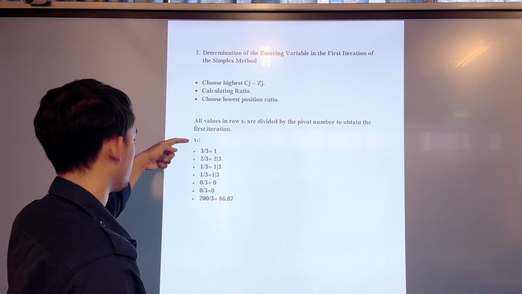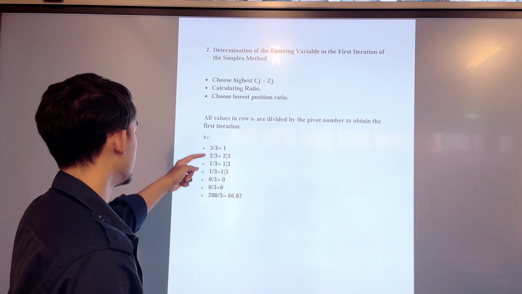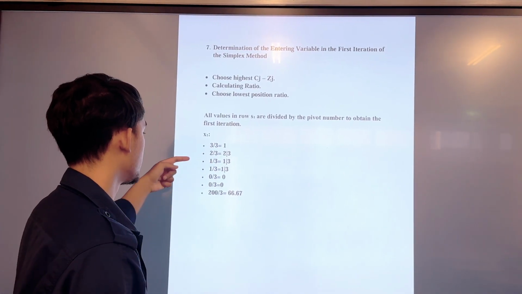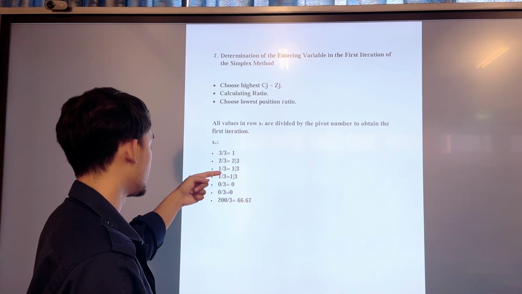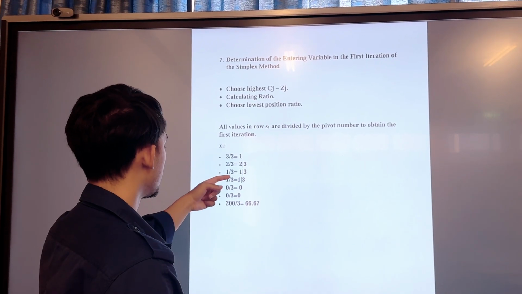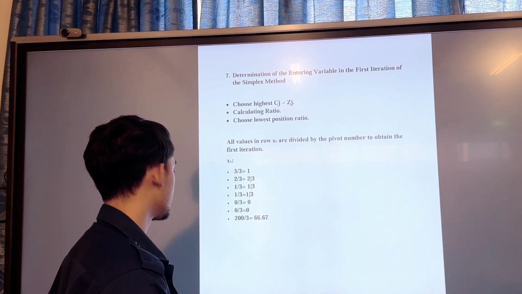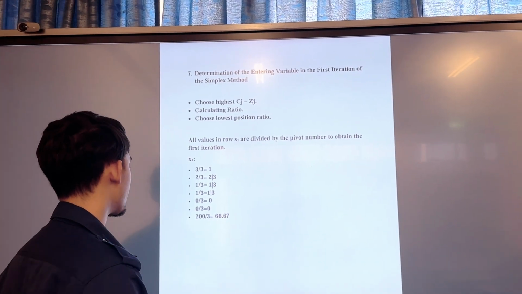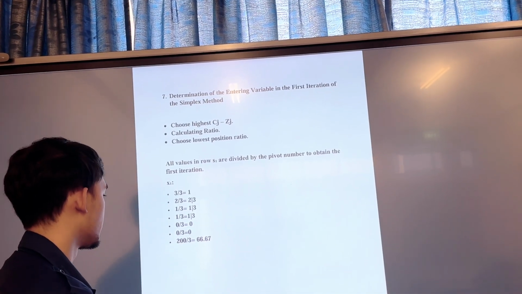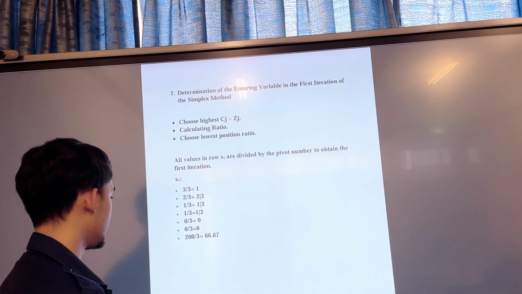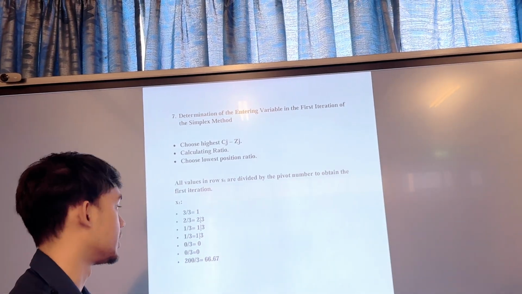This is the pivot row for S1. 3 divided by 3 equals 1, 2 divided by 3 equals 2 per 3, 1 divided by 3 equals 1 per 3, 1 divided by 3 equals 1 per 3, 0 divided by 3 equals 0, 0 divided by 3 equals 0, and 1, 200 divided by 3 equals 66.67.